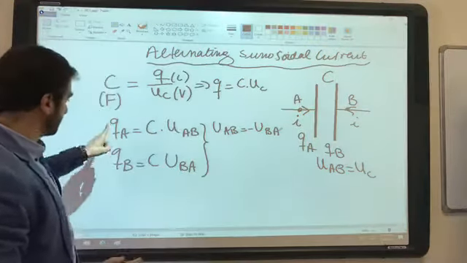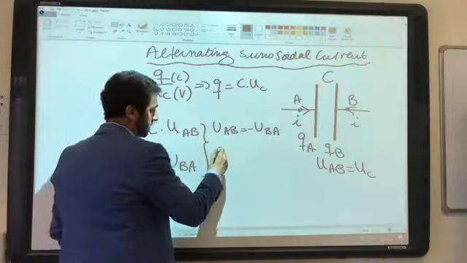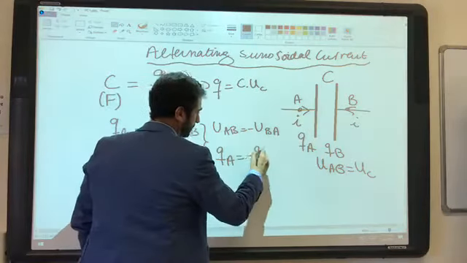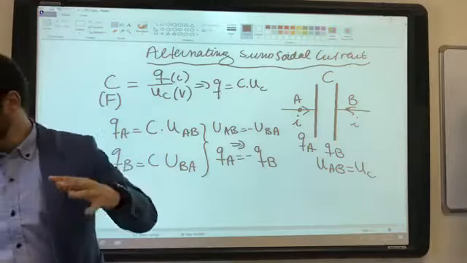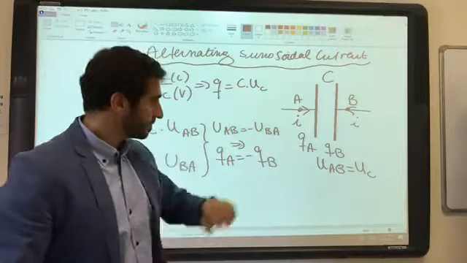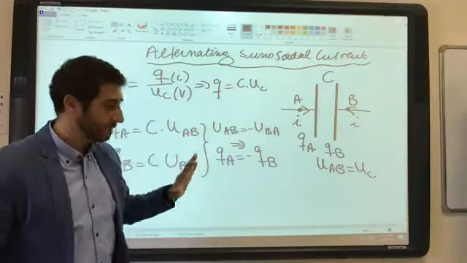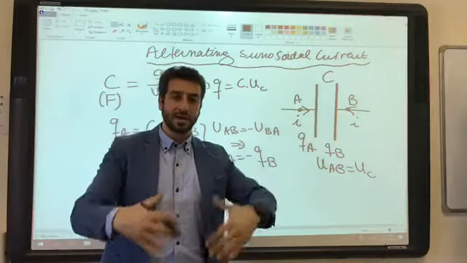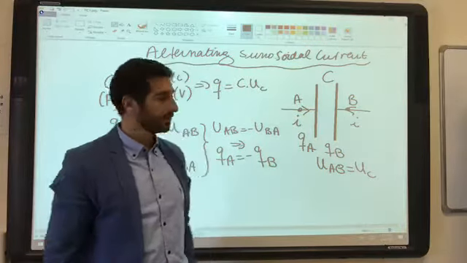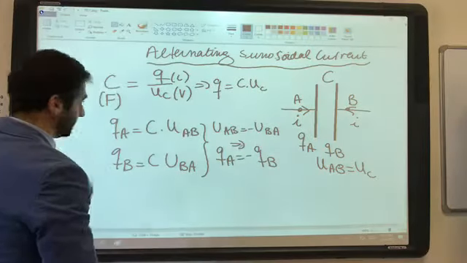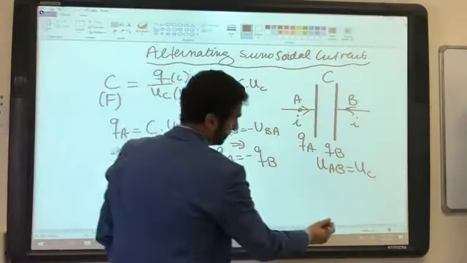This means that QA and QB are opposite: QA is equal to minus QB. That's the introduction of this chapter, which is very necessary to understand while we study the charging and discharging phase. Okay? Now we're going to go forward.